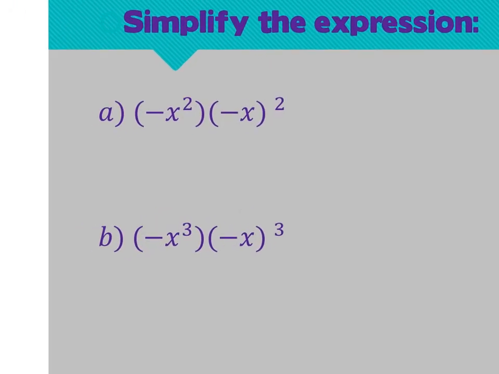Okay, so now you always should follow order of operations. So what you're going to do before you multiply, have you guys heard of PEMDAS before? So we would always need to do the exponent first, then we'll go back and multiply or divide.